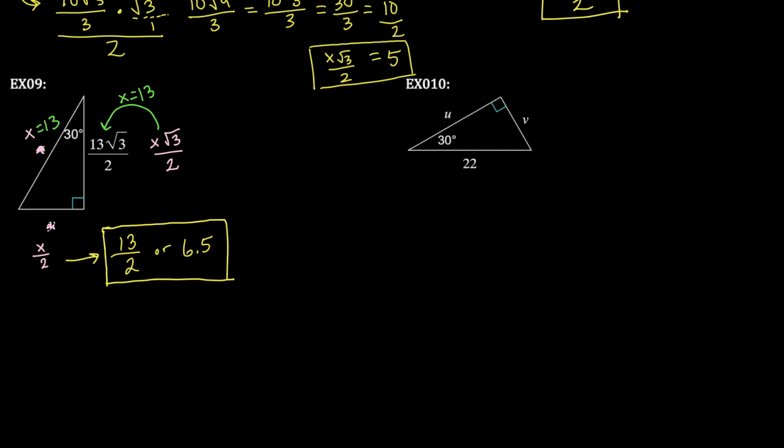All right, one more. Remember that this is x over 2. This is x. Oh, easy. And this is x square root of 3 over 2. Actually, a little more room so we can read this.